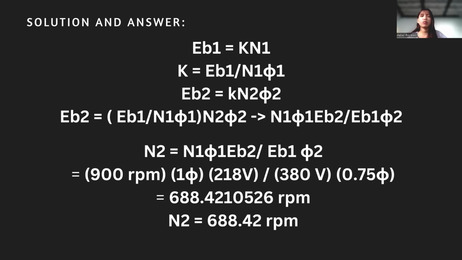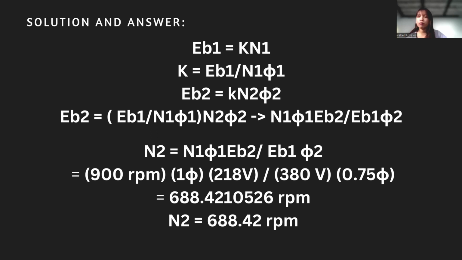So, EB2 equals EB1 over N1 flux 1 times N2 times flux 2.